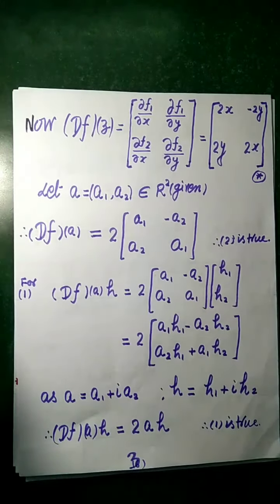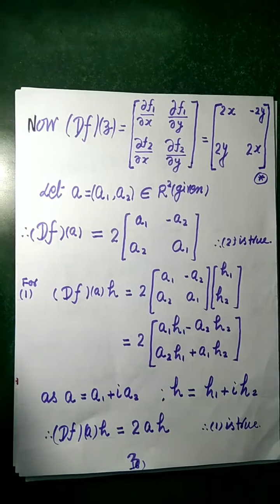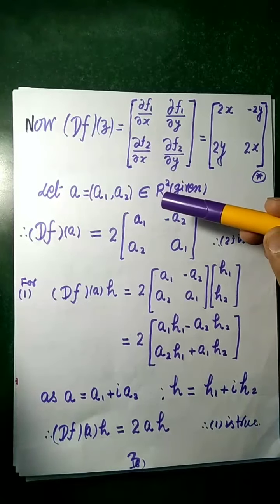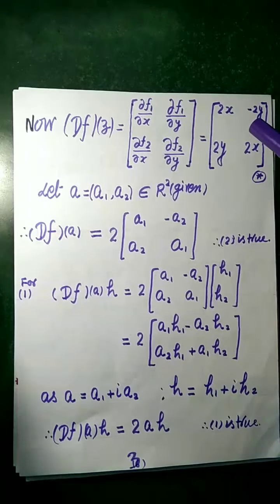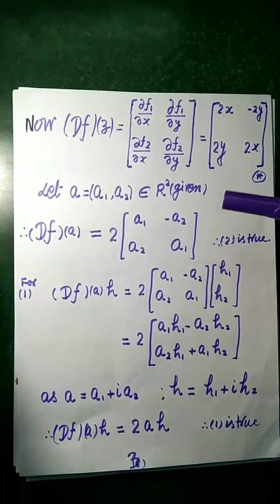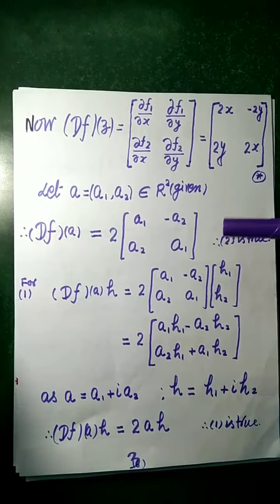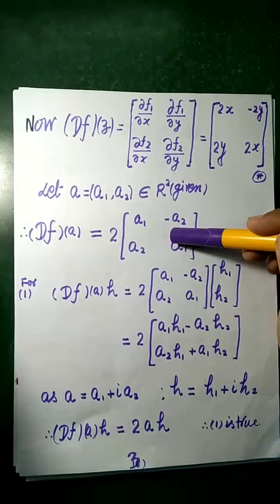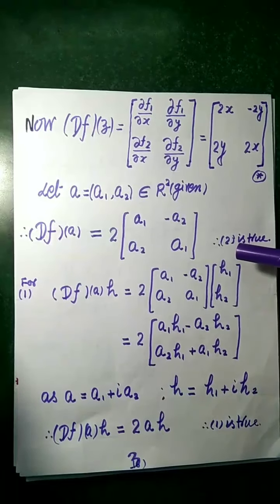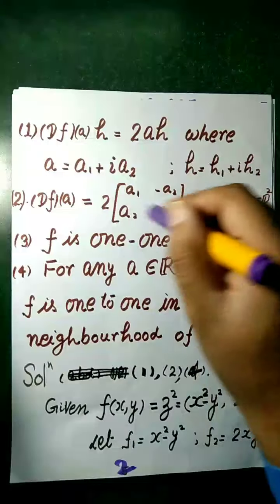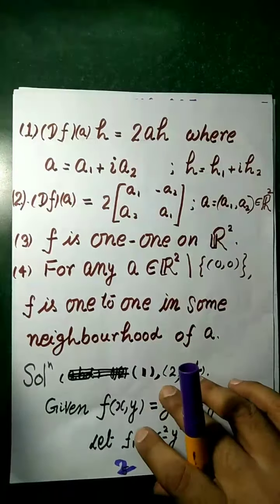Here a1 is the x coordinate and a2 is the y coordinate. On substituting all the values here, we will obtain this. Accordingly, our option 2 is correct. Out of these options, this option is correct.